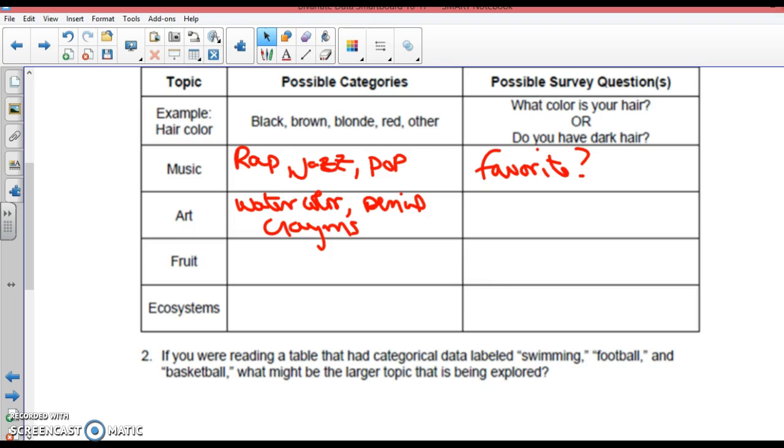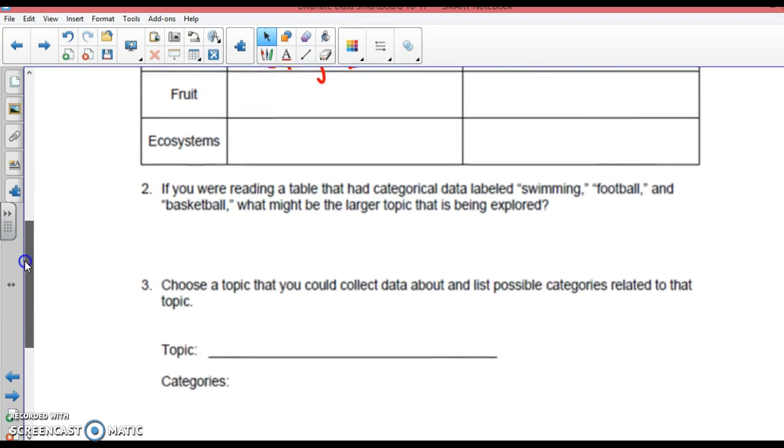What type of art do you produce? Would be a question. Fruit. Apples, orange, banana. What is your favorite fruit? Ecosystems. You could do aquatic, terrestrial. Do you know what an ecosystem is? Would be a question. I'm not even going to fill that in.